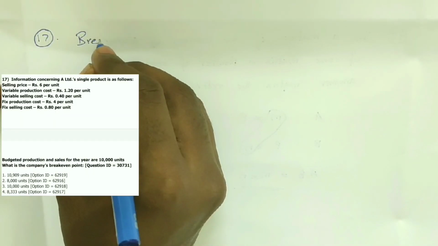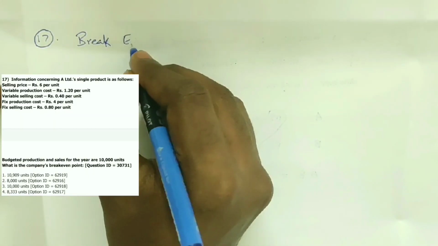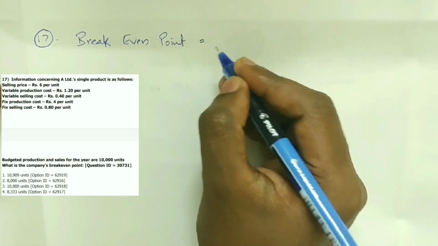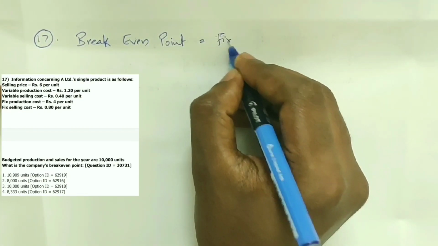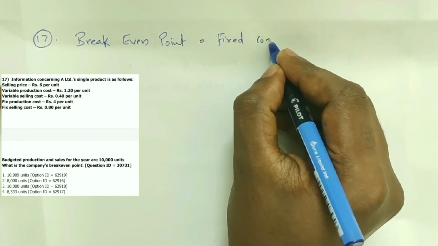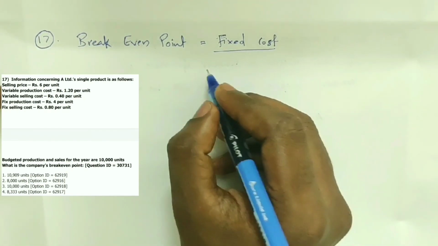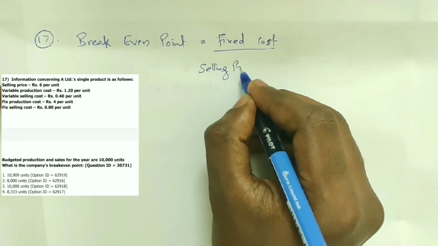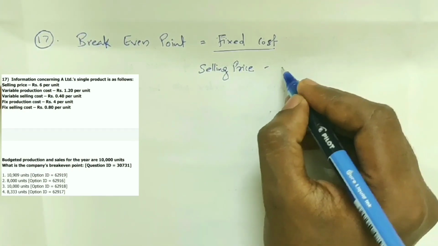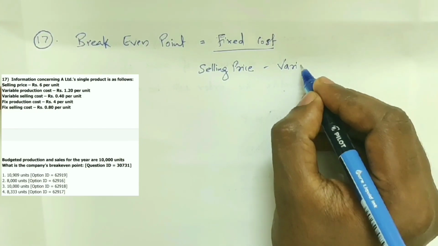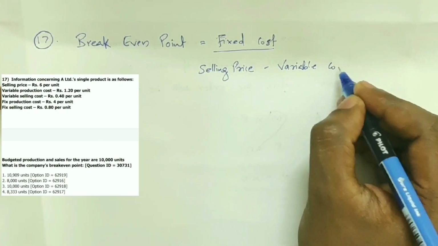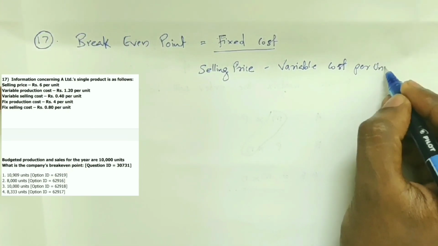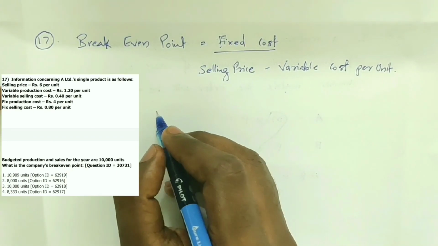Let's calculate break-even point. Break-even point is equal to fixed cost by selling price minus variable cost per unit. Fixed cost includes fixed production cost plus fixed selling cost.